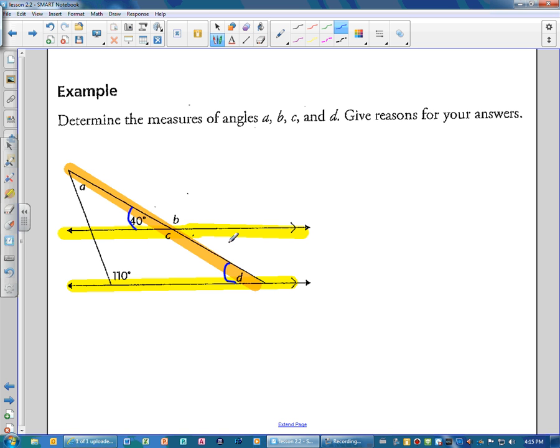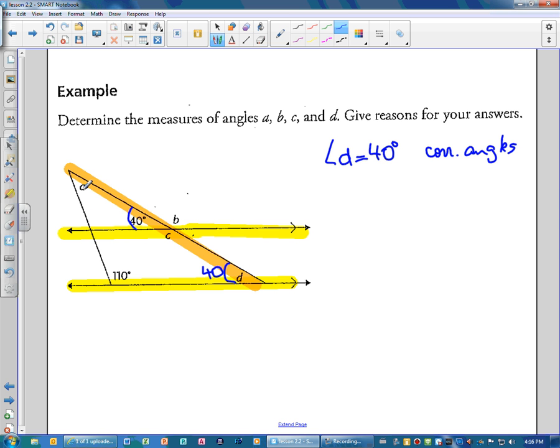So I know angle D equals 40 degrees. Why is that? Because they are corresponding. So the rule is corresponding angles. That's also the F rule, if that makes more sense to you. That angle is 40 degrees.